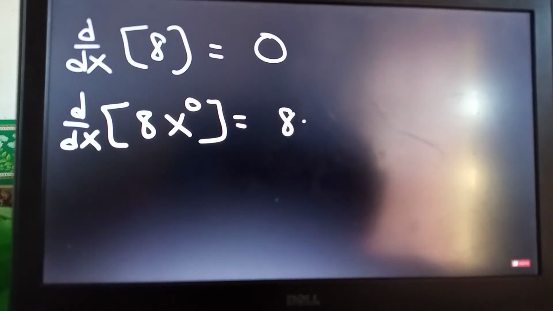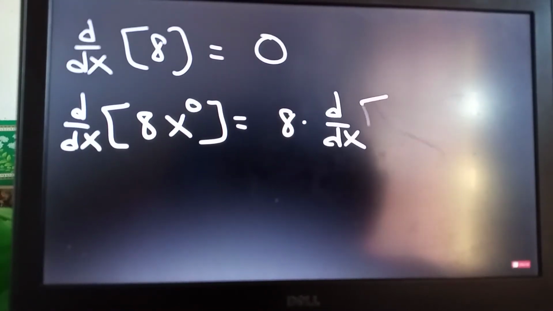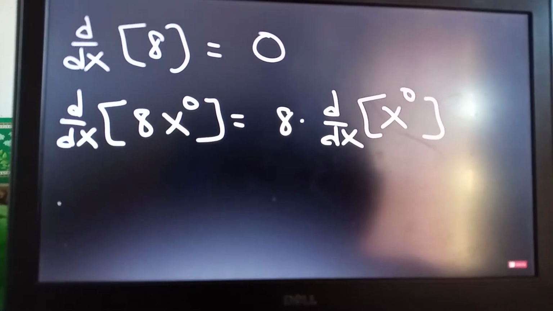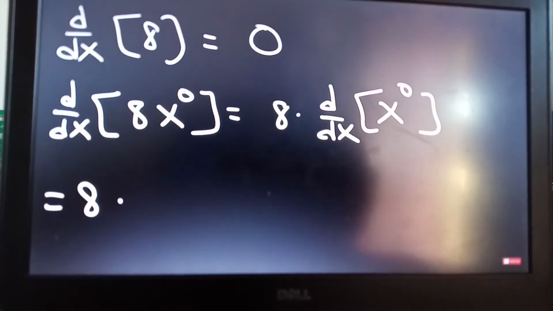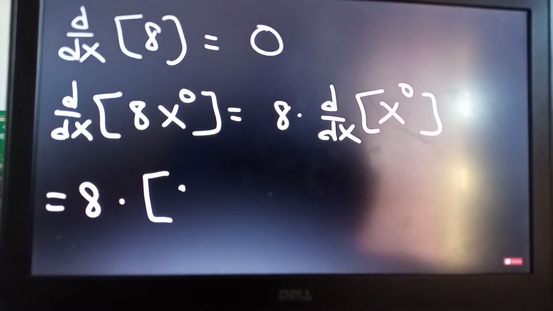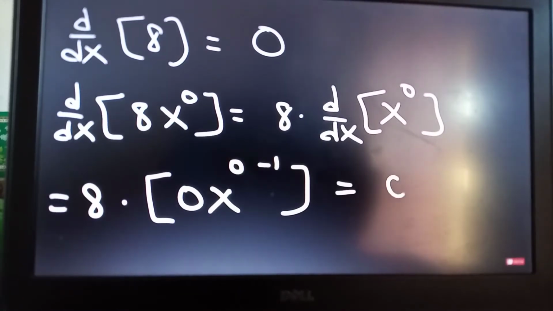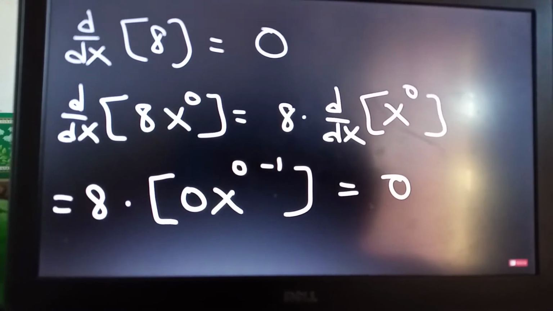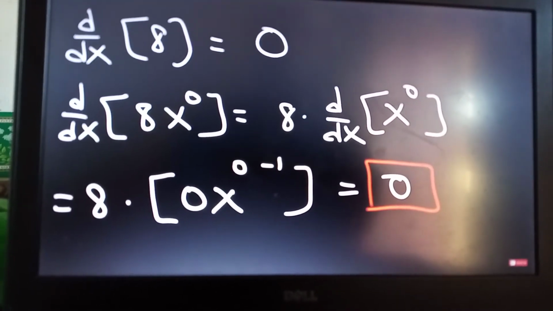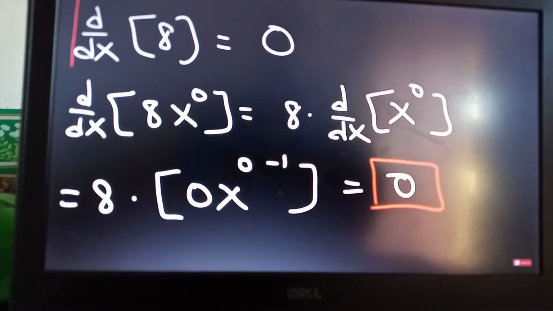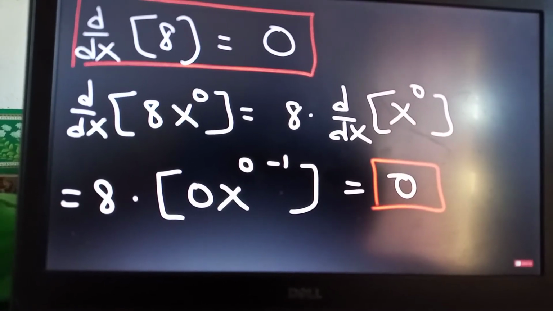So this is 8 times the derivative of x raised to the 0. And using the power rule, it's going to be 0x raised to the 0 minus 1. And 0 times anything is 0. So the whole thing is just going to be 0. So make sure you remember that. The derivative of any constant is always equal to 0.